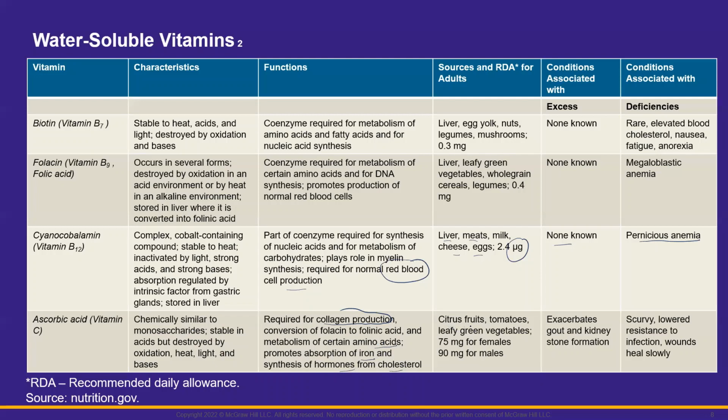Source: usually citrus fruit, tomatoes, leafy green vegetables, about 75 milligrams per day for females or 90 milligrams per day for males. Excess can exacerbate gout and kidney stone formation. Deficiency can cause scurvy, low resistance to infection, and slow wound healing.